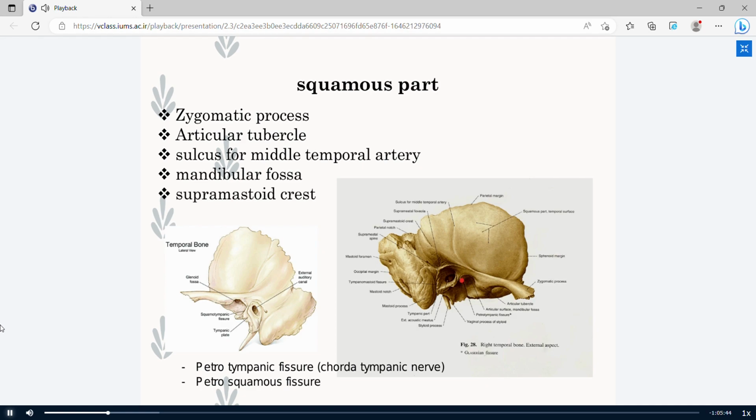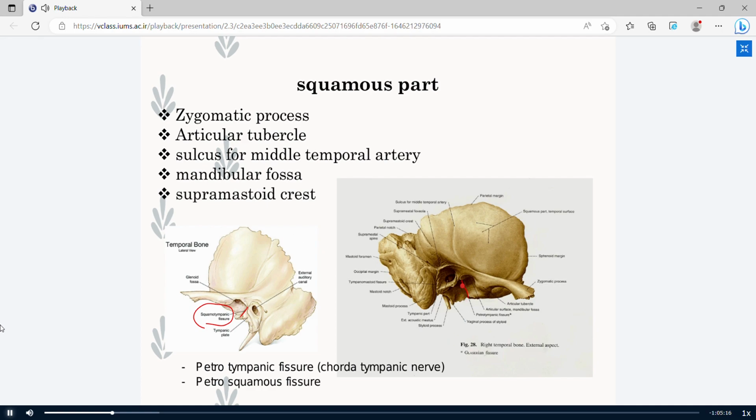There is a fissure between the squamous and tympanic parts in the mandibular fossa, called the squamotympanic fissure. It's here. This fissure is located between the squamous part and the tympanic part.